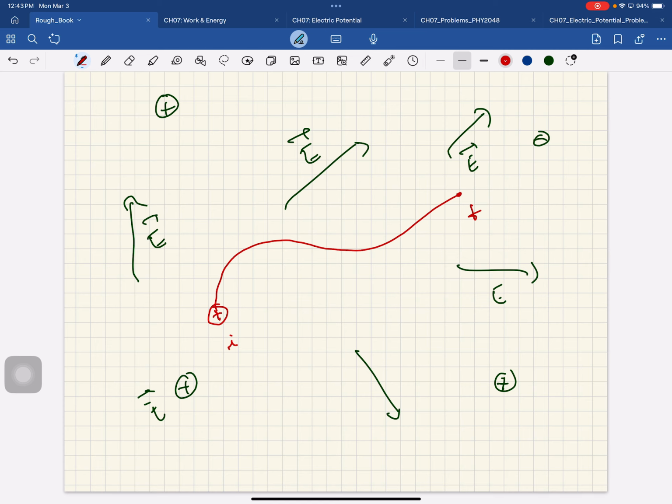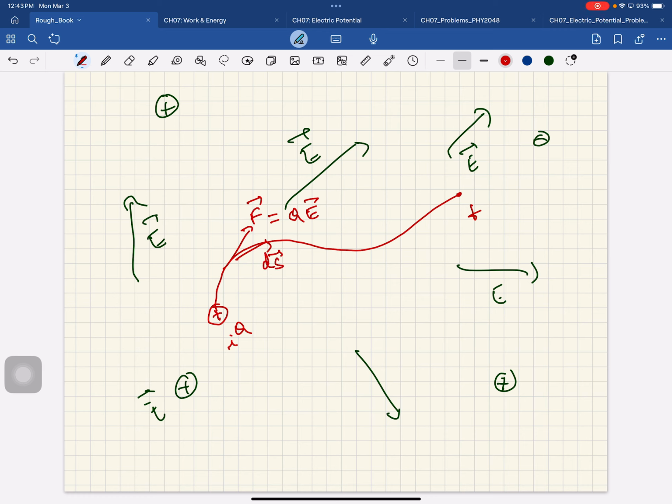As long as these charges are not moving and this electric field is not time dependent, the work done is the force, which is the charge times the electric field, dotted with ds.